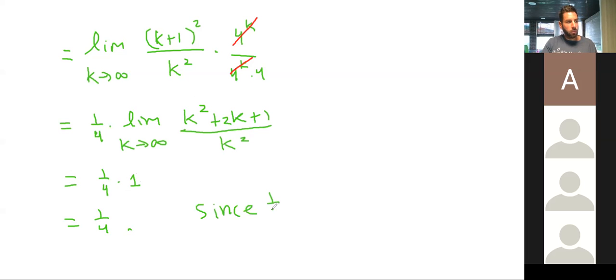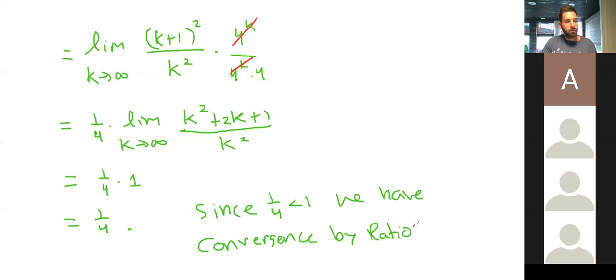We say since 1/4 is less than 1, we have convergence by the ratio test. So that is how you would answer a question like this.